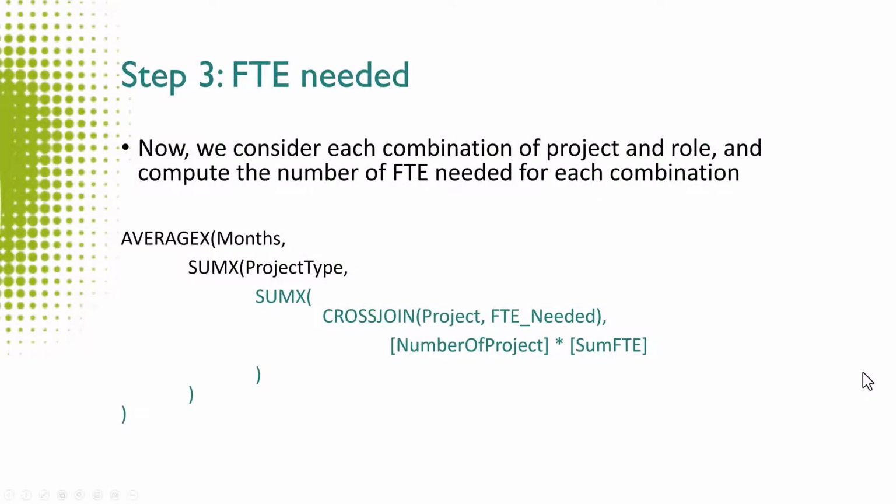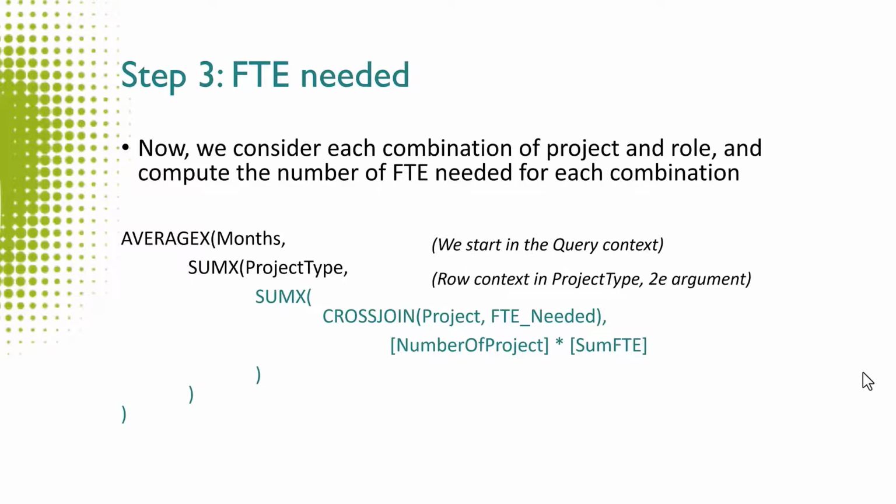So to solve these problems, we need to go to our formula and realize in what way, in what context our DAX functions will work. So the first thing we had was that we started in a query context. But the second argument of my SUMX project type changed that context to a row context.